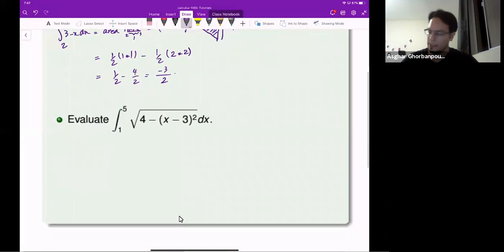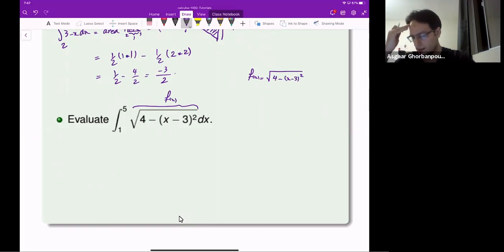The second one here, the function is this whole thing here, f of x. So if I consider f of x to be root of 4 minus (x minus 3) squared. Yeah.